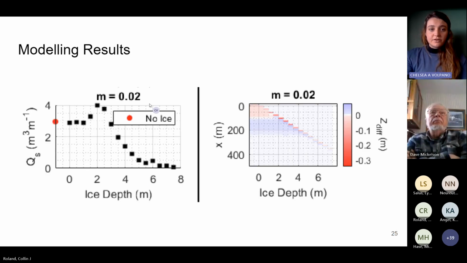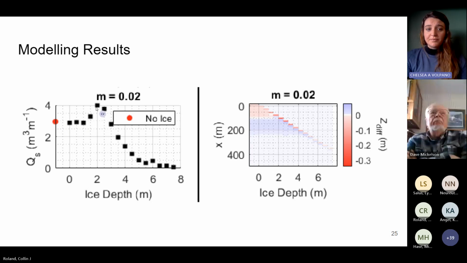This is for a slope of 0.02, which is a pretty mild slope, but relatively common. What we're seeing here is the sediment transport and how it's changing with the depth that ice is at. For the no ice situation, where you might expect there to be more sediment transport because the beach isn't closed off in certain areas, it's actually not the highest point of sediment transport.